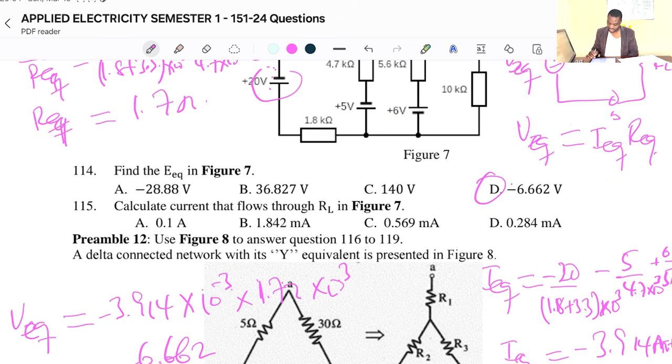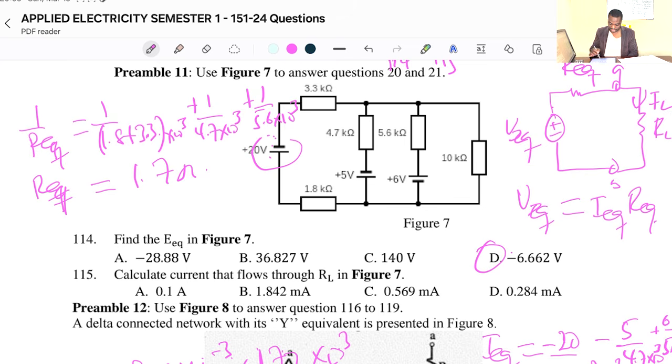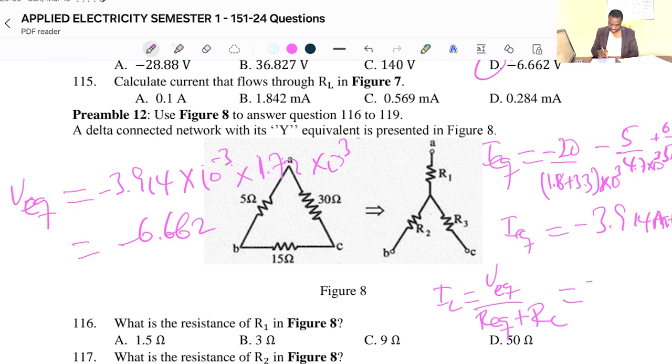So here we can just change the what? Since this is minus, I can just come here and change the polarities that I have. So we have minus plus. Once I've done this, I don't have to indicate the negative here.